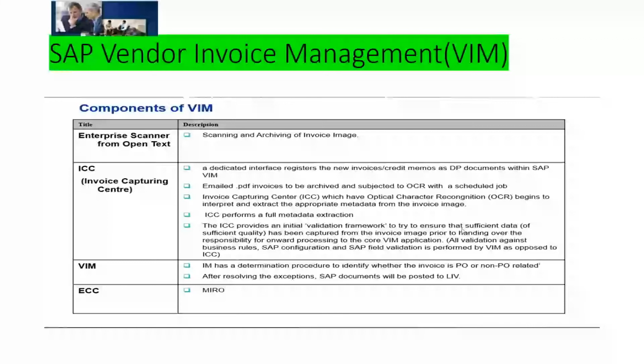From that folder, when you start processing, you take that document, archive the invoice image, and start your invoice processing. This is for the enterprise scanner if you are getting hard copy invoices.